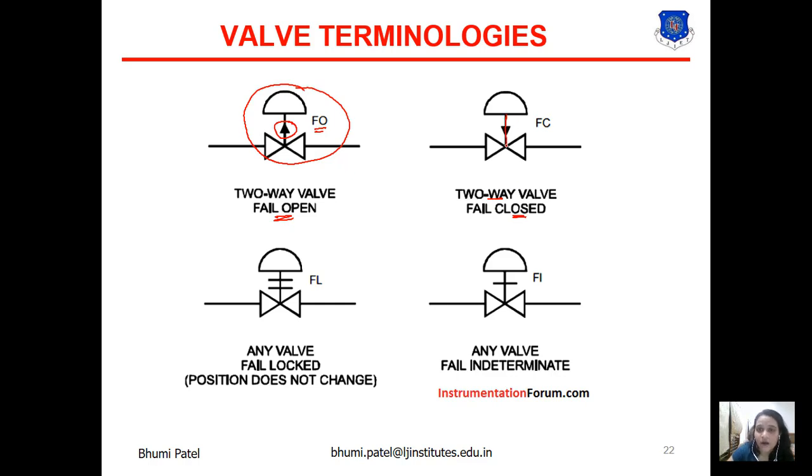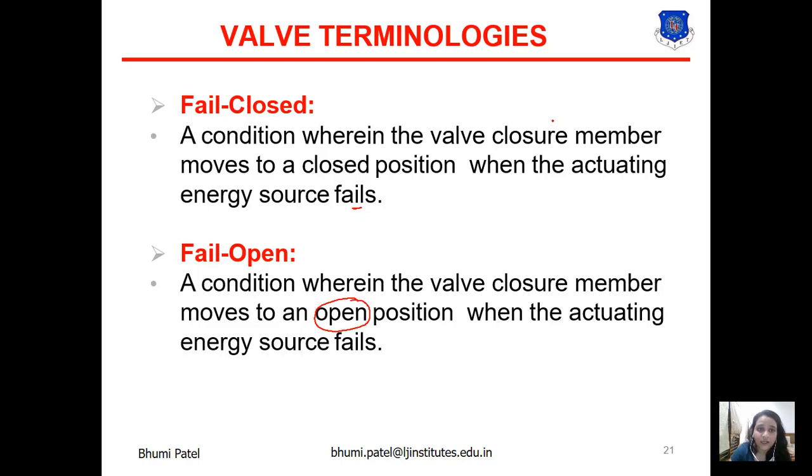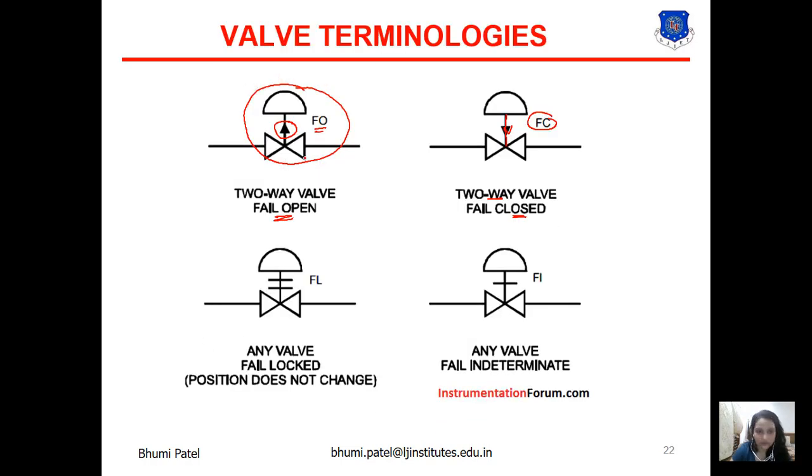The arrow is downward and the tag name is fail close. So what is the difference between fail open and fail close? In fail close, when the actuator energy source fails, the valve goes to the closed position, and in fail open, when the energy source fails, the valve is always in the open position.